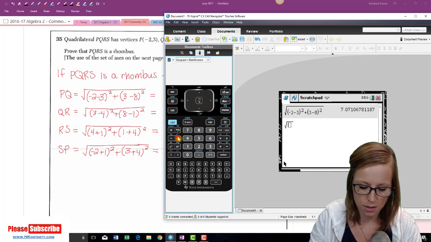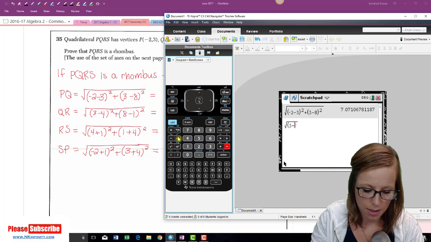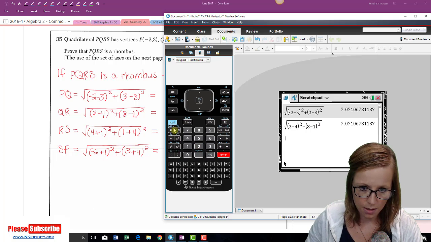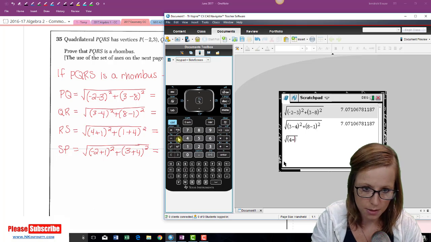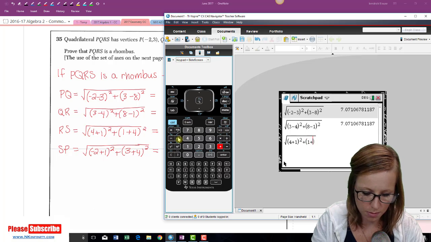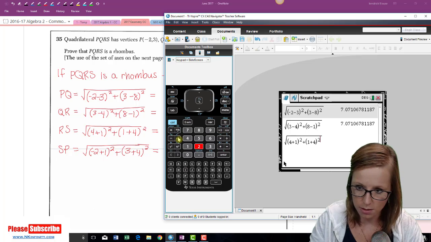Okay, so square root of -2 minus 3 squared plus 3 minus 8 squared. Whoops. Square root of 3 minus 4 squared plus 8 minus 1 squared. Same. Okay. Square root of 4 plus 1 squared, oh, that should be a plus 1, plus 1 plus 4 squared.